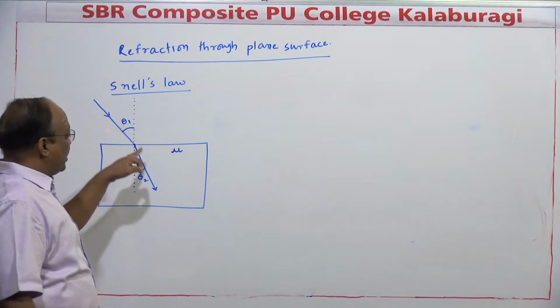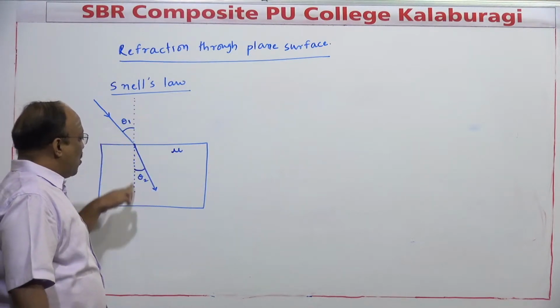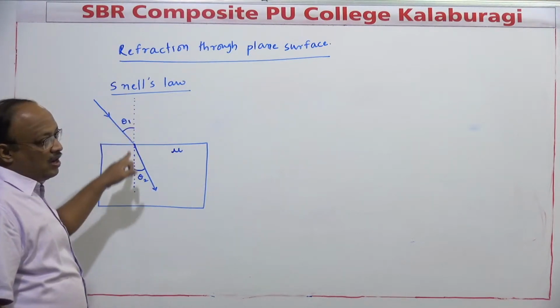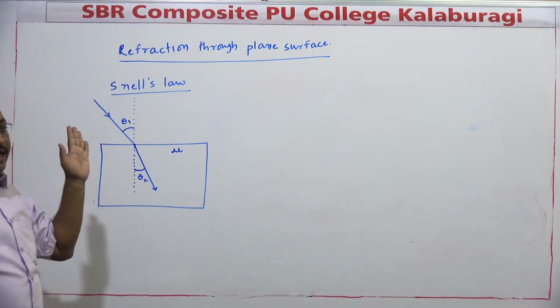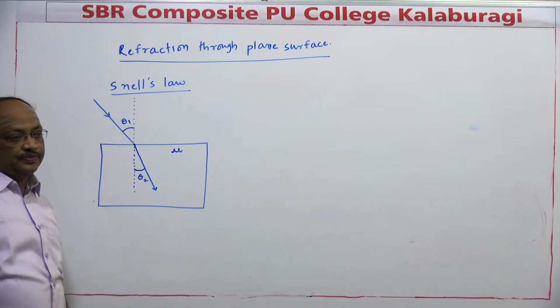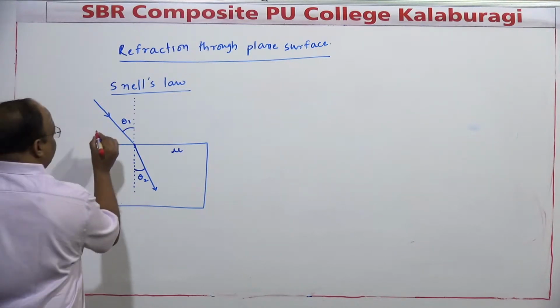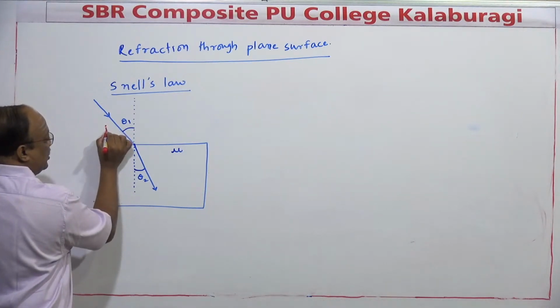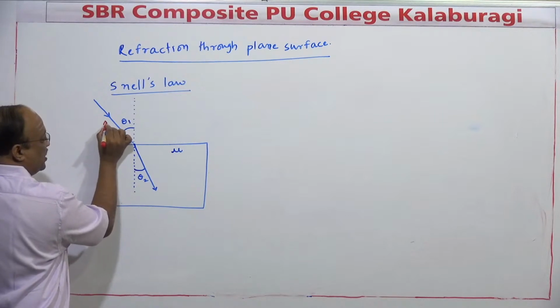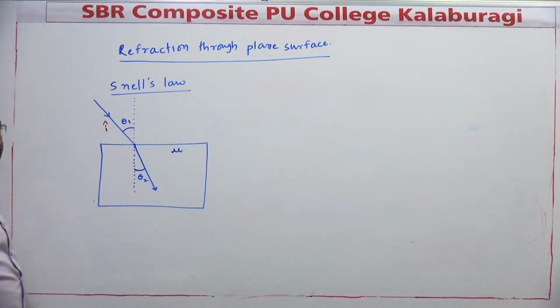Incident ray, refracted ray, and normal to the surface all lie in the same plane. I am writing the unit vector along the incident ray as I cap.